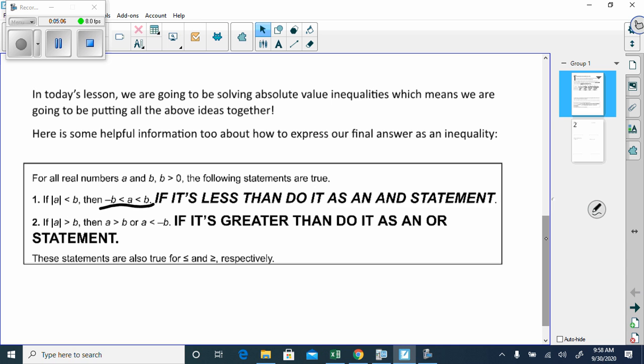If the absolute value of a is greater than b, we're going to write it as an OR statement. Alright, so this is what it looks like when it's AND. This is what it looks like when it's OR. We have two separate ones. And this is also true if it has the equal to sign. Okay? So let's flip it over on the back and look at some actual examples.